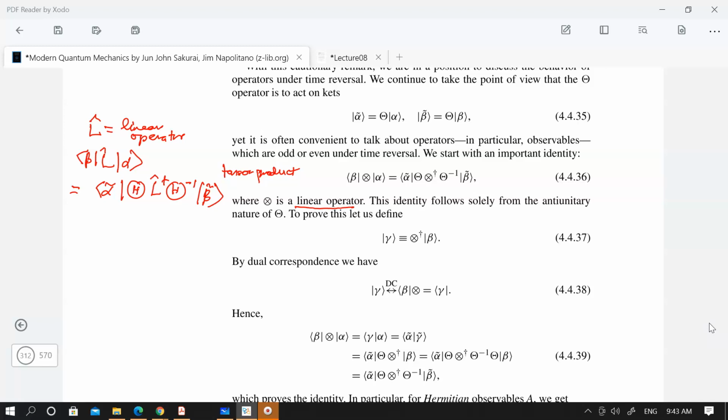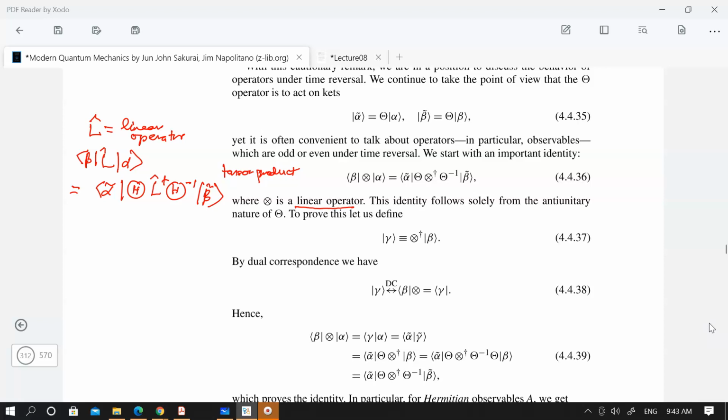So now, how do we prove this? The next thing is to prove this identity, and this identity says how the linear operator behaves under the time reversal operation.